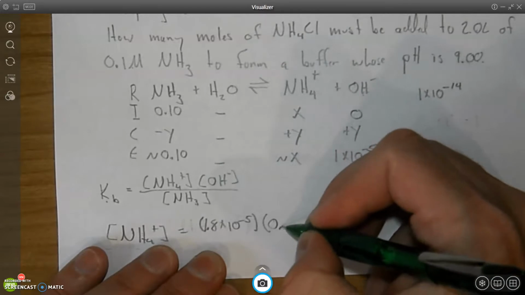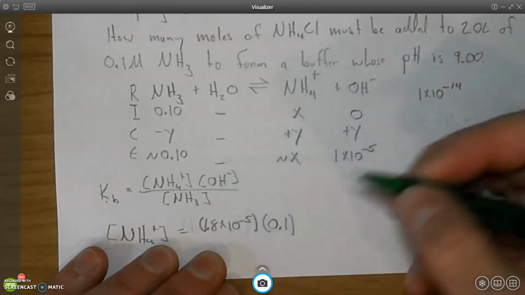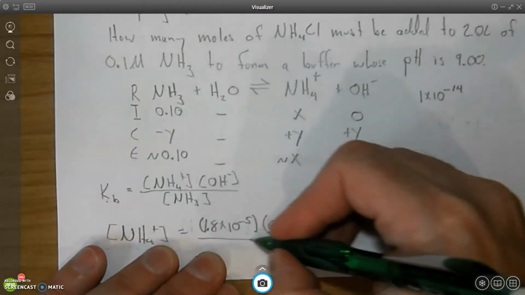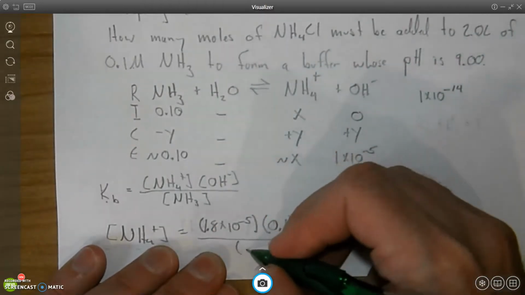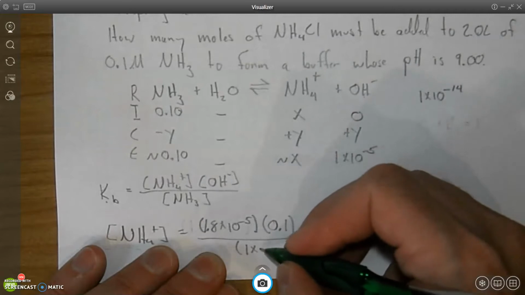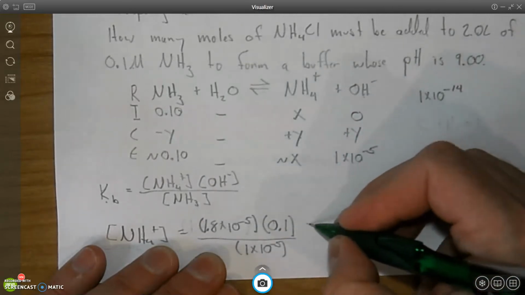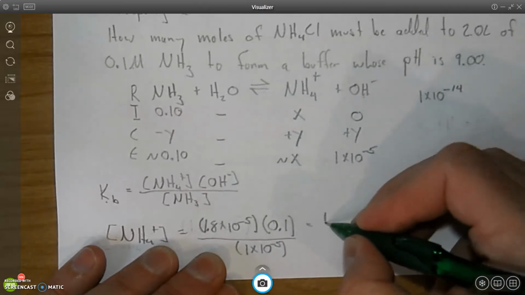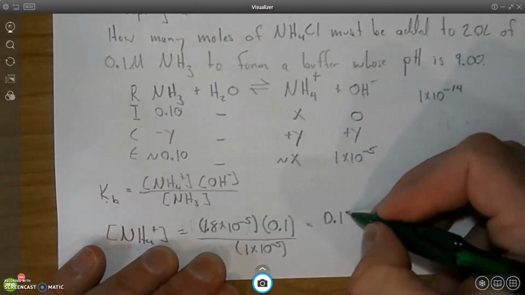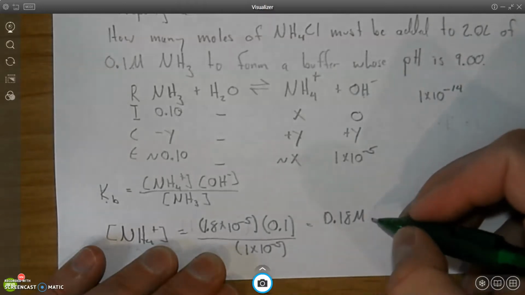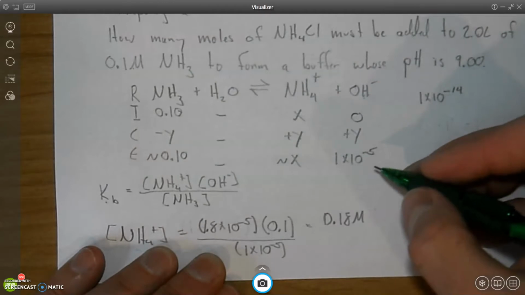And we use the concentration of the NH3 that is given to us, and we put this over the OH value. If we solve this, you end up with 0.18 molarity. This is the value for the NH4 plus.